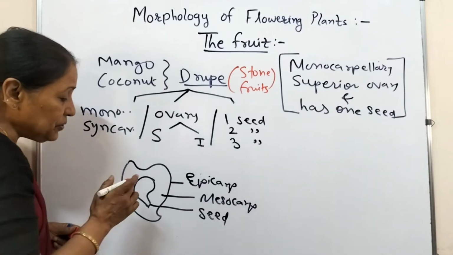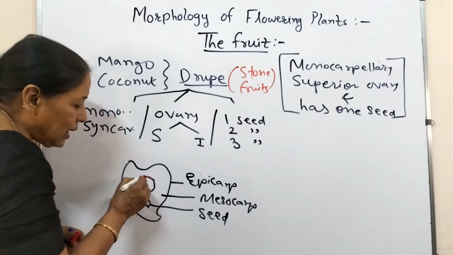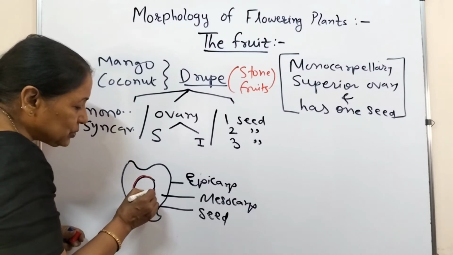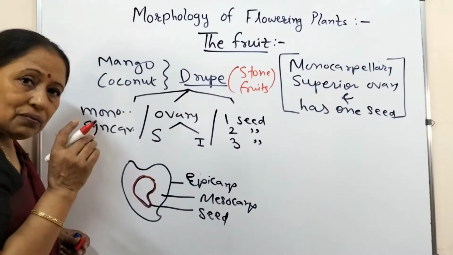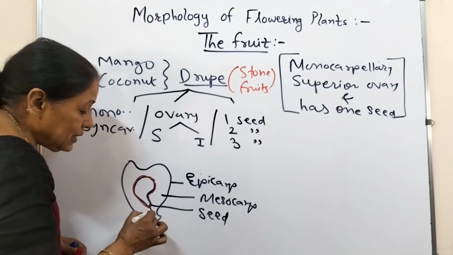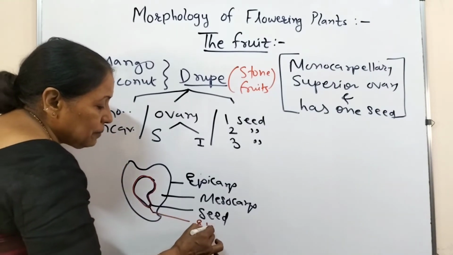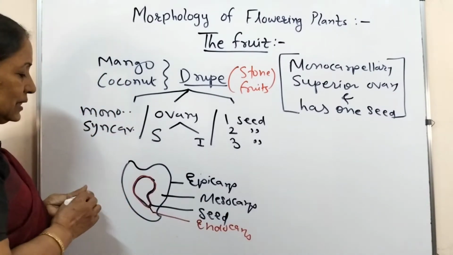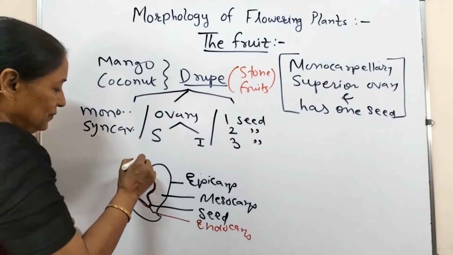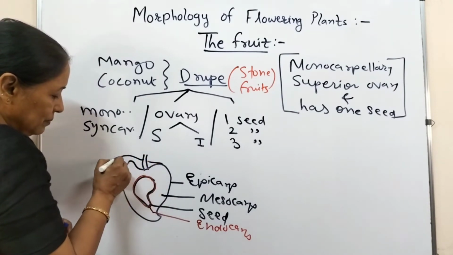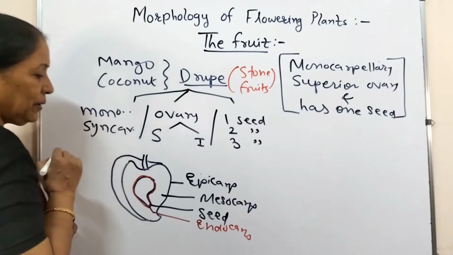Enclosing the seed, you find one very hard, stony covering. This hard, stony covering enclosing the seed is the endocarp. This is the case of mango.